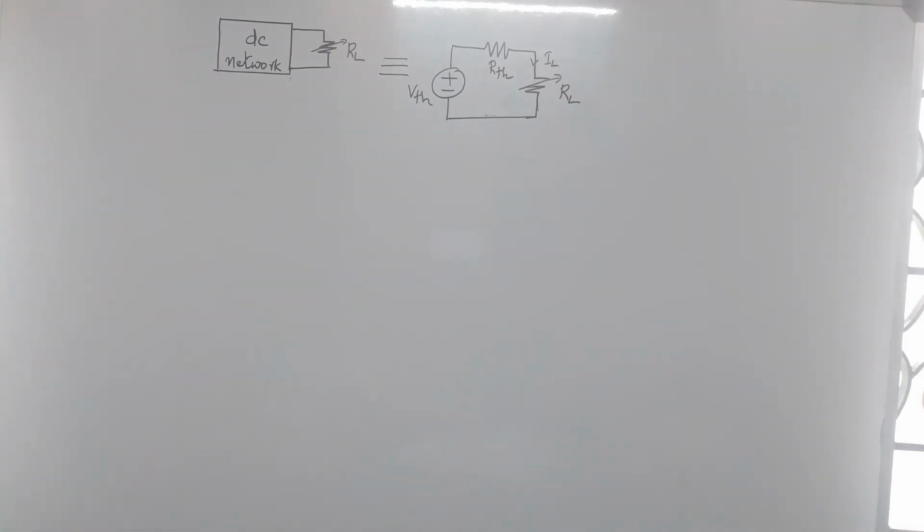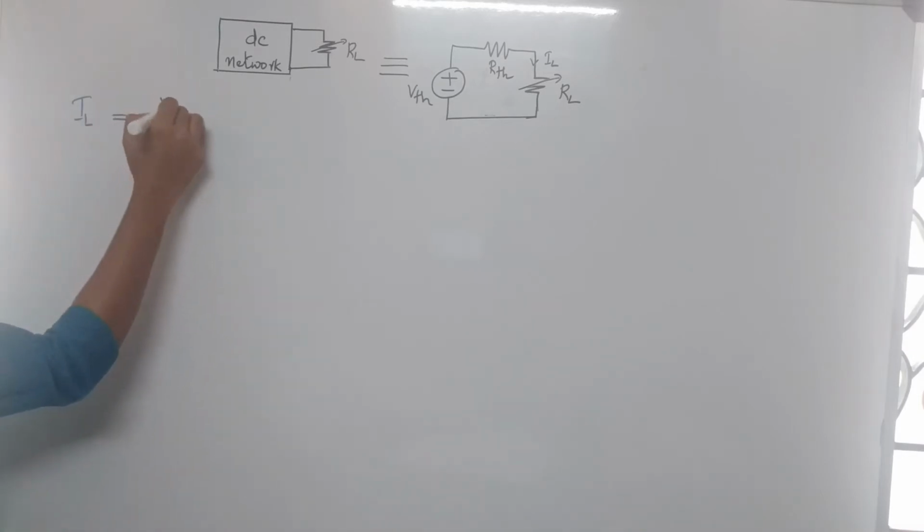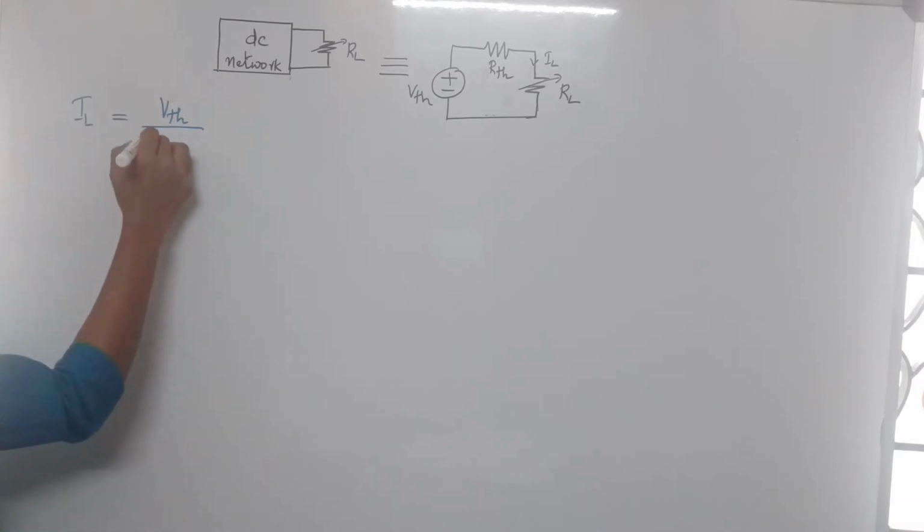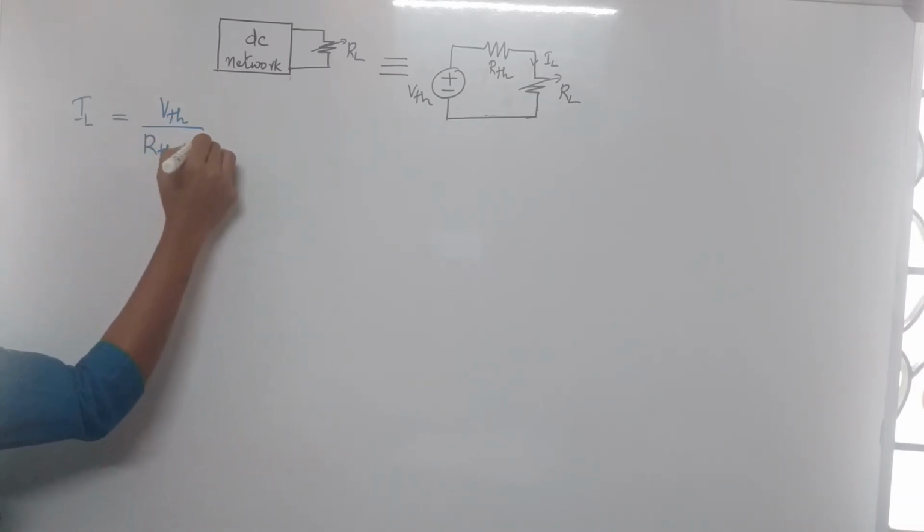Now what will be the current flowing through this? IL will be equal to VTH divided by RTH plus RL.